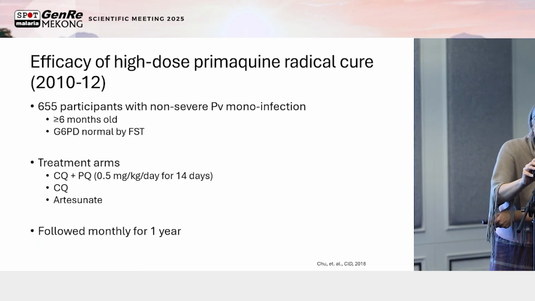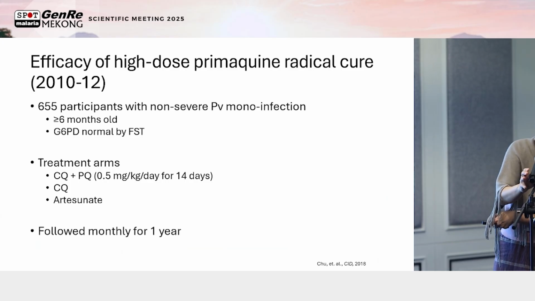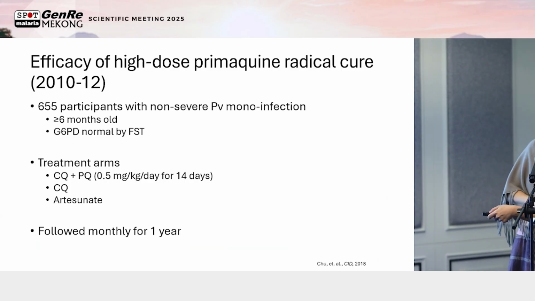They were G6PD normal by the fluorescent spot test, with very similar inclusion criteria to the CDOT study. They could not have severe anemia, no blood transfusion in the last 3 months, and no pregnancy or breastfeeding women. And we gave 3 different drug regimens.